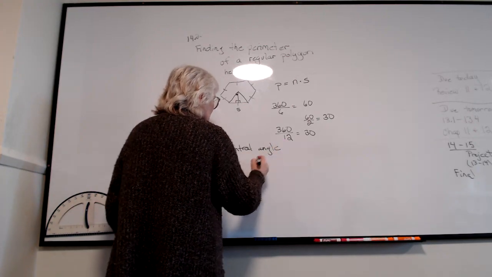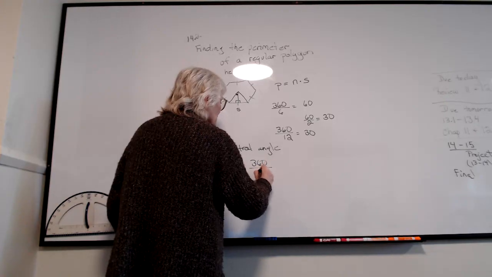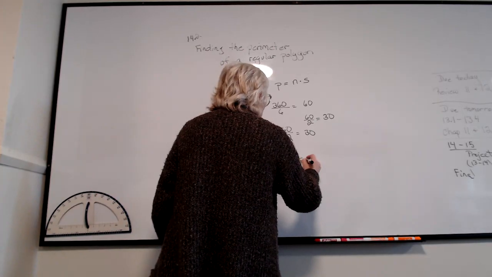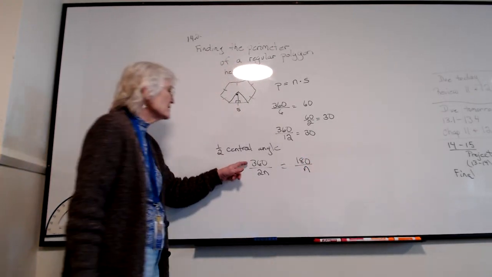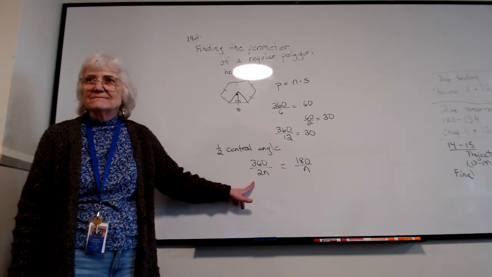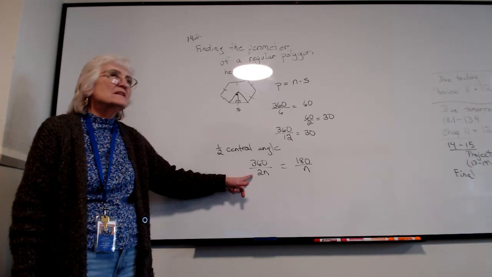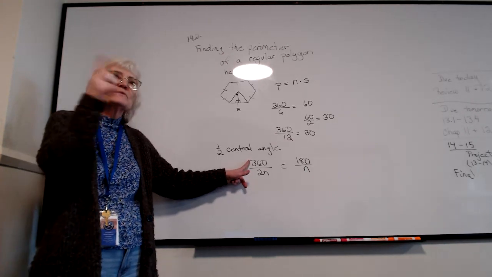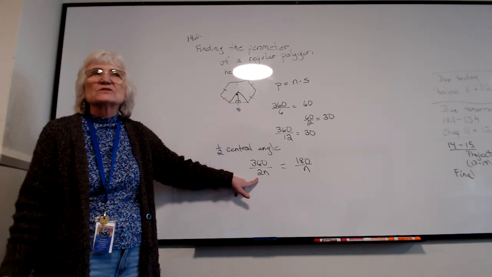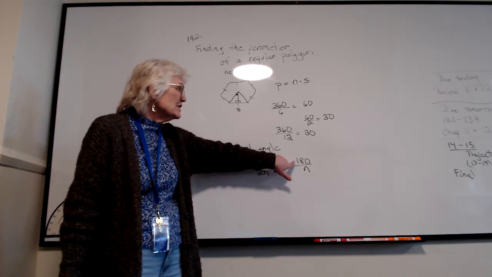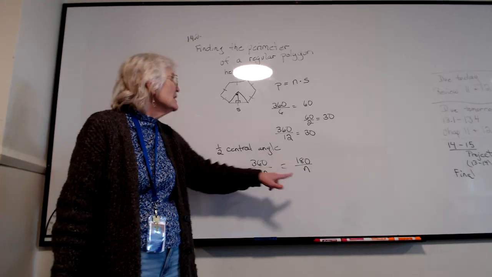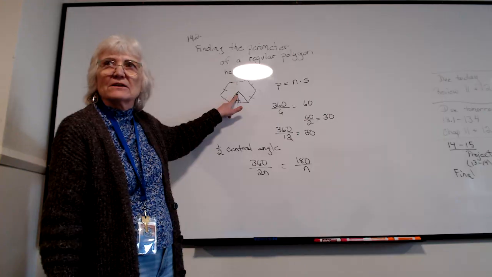You can find it by 360 divided by 2n, or you can do 180 divided by n, because 360 divided by 2 is really 180. If this makes more sense, you can say there's 360, there's n of them, but we have to divide that in half because there's 2n really. Well, that reduces down to 180 over n. So 180 over n is going to be that angle right there.